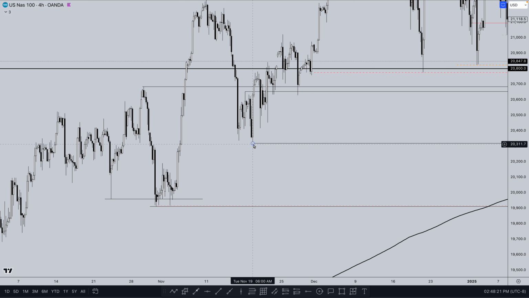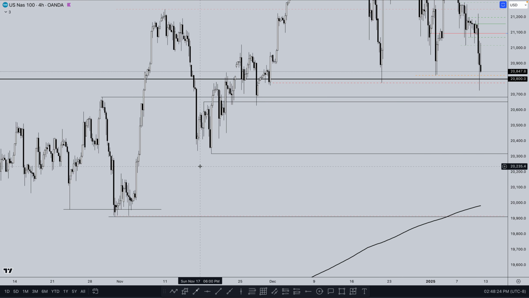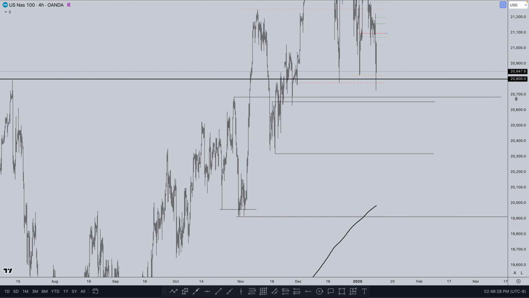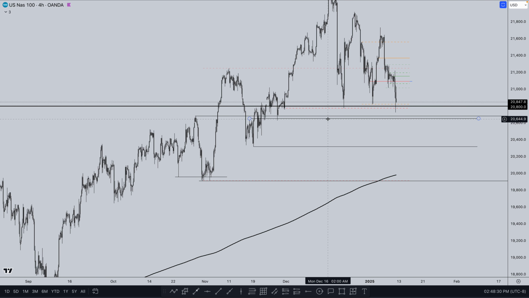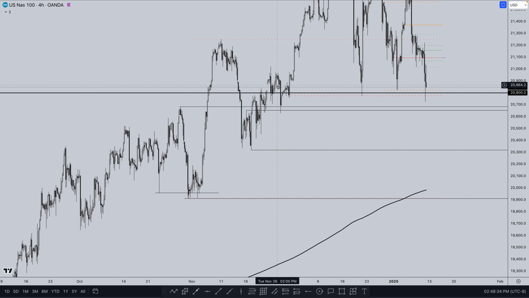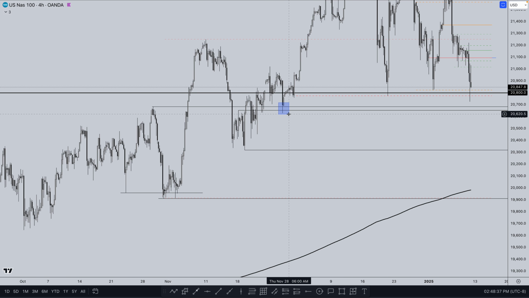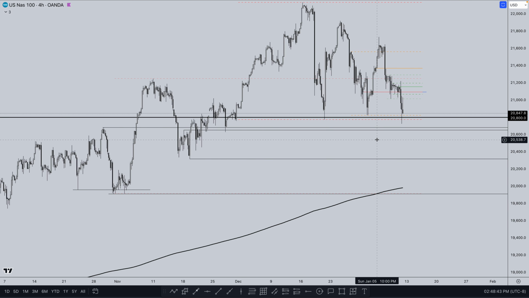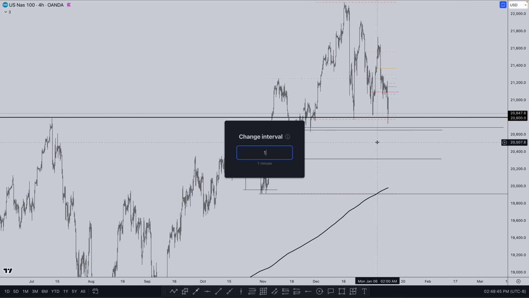Sweeping these lows, violating this setup would bring us into these imbalances over here as well. But technically this is a buy zone. And it's pretty strong. And you can tell based off how we got this reaction here. No drawdown. Price immediately rejected this area. So let's see what happens once we come back in here.